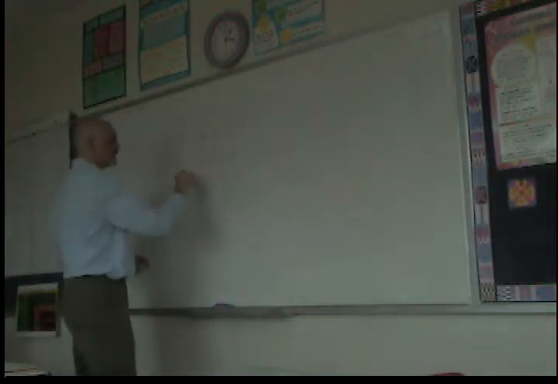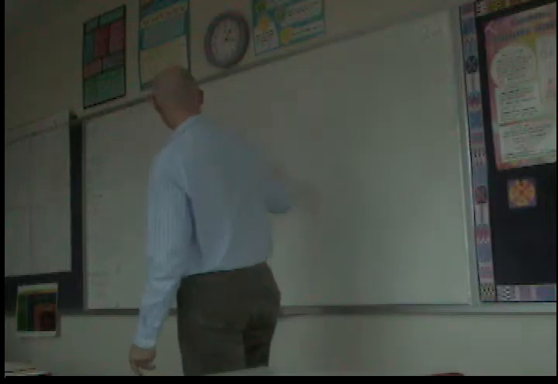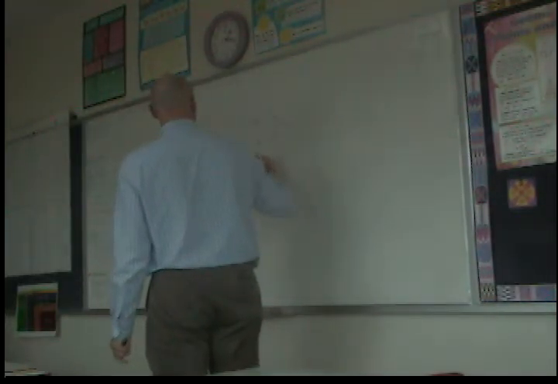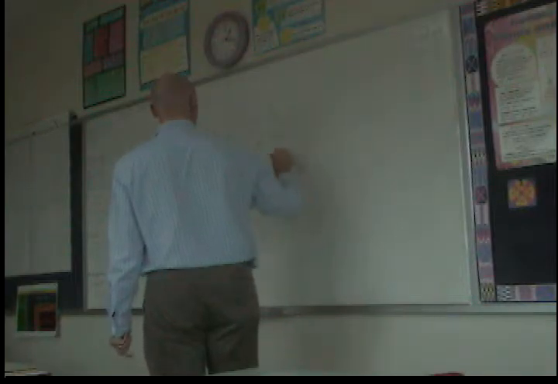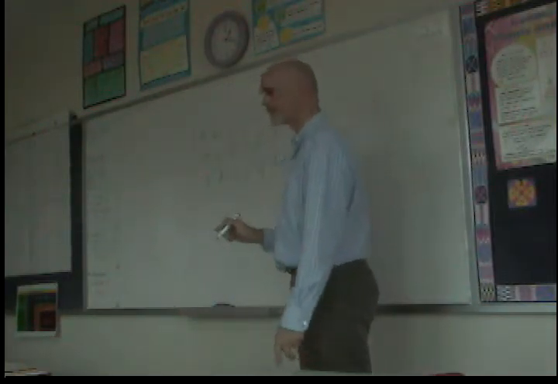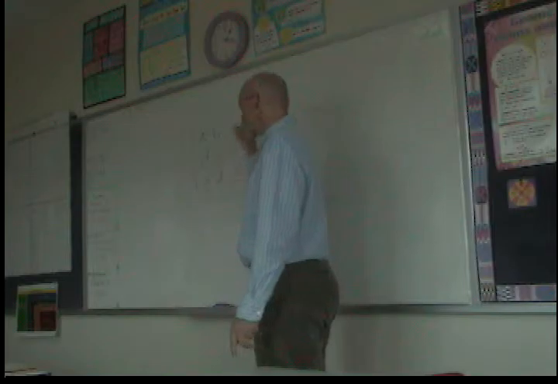Okay, so we got our third order determinant here. And now what we're going to do is take these two columns and add them out here. So we're going to add another A, B, D, E, G, H. I just added these two columns out here.